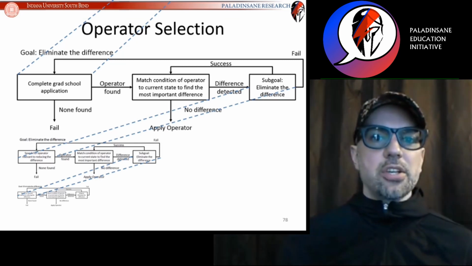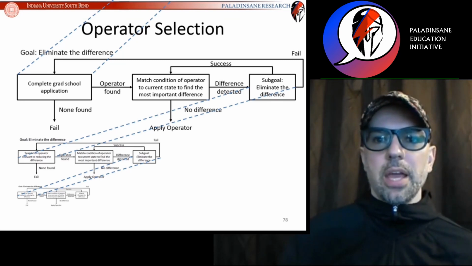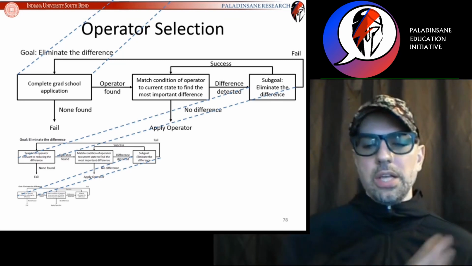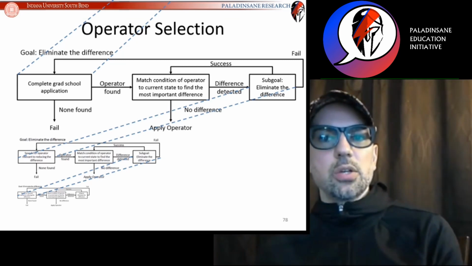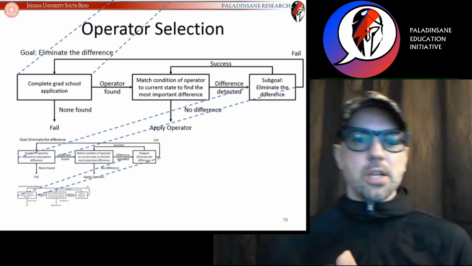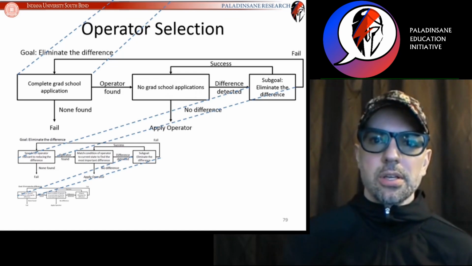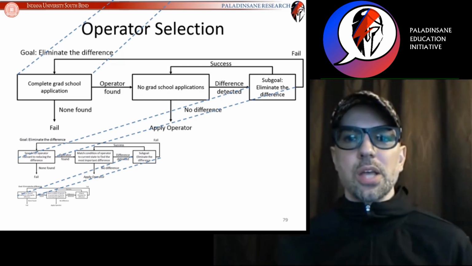So you're going to match the condition that you're in, need to complete a grad school application, and find the most important difference. You haven't completed a grad school application. The most important difference there is that you have no grad school applications. You need to find a grad school application. That becomes your new sub-goal.